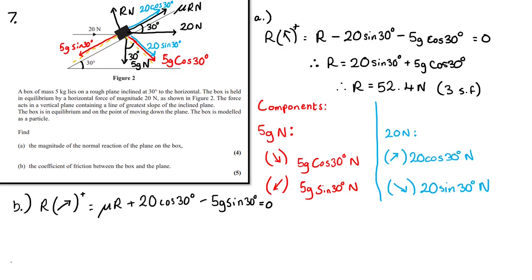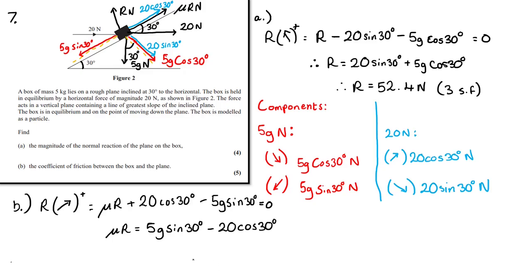Now what we're looking for simply is mu, so I need to rearrange to make mu the subject. If I make mu R the subject first and then divide by R, I need to add 5g sine 30 to both sides and subtract 20 cosine 30 off both sides. So I'm going to get mu R equals 5g sine 30 degrees minus 20 cosine 30 degrees.